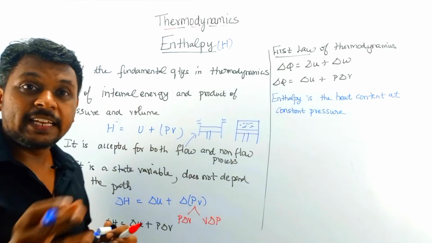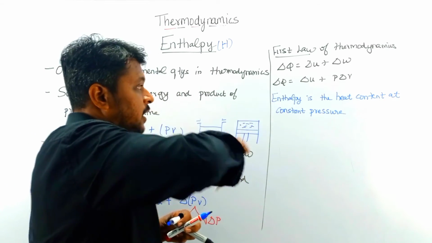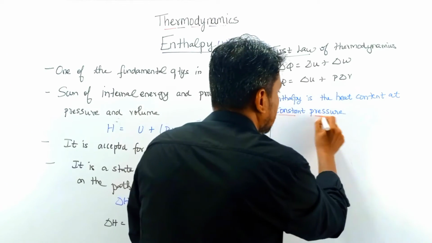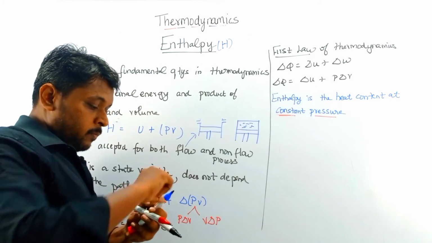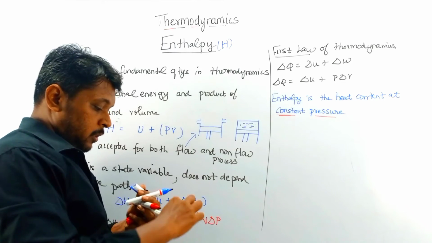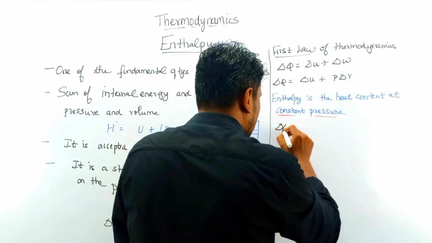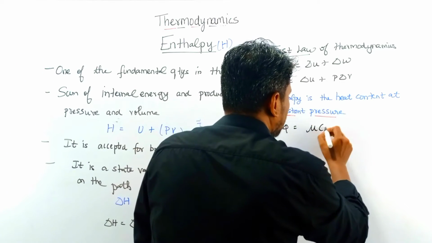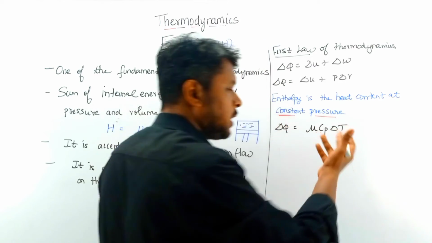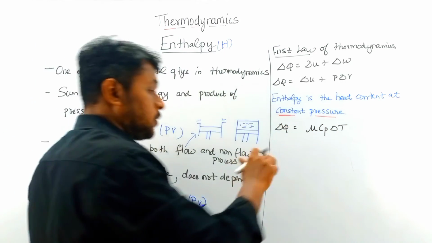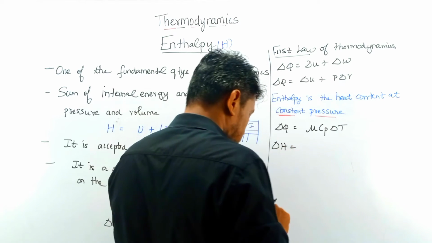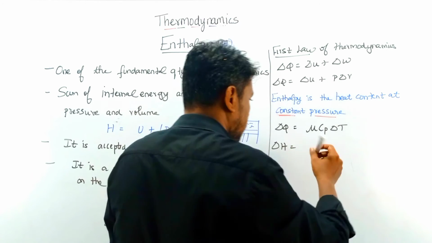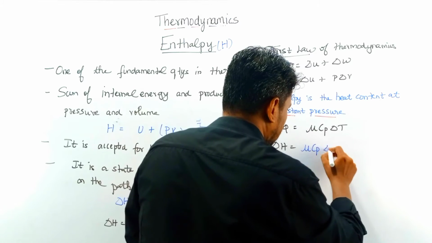You know that delta Q has the formula mu Cp delta T, where mu is the number of moles. So delta H can also be written as mu Cp delta T.